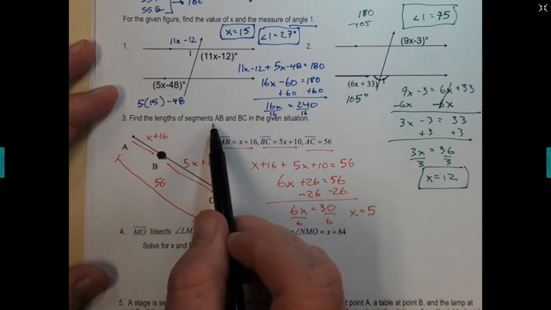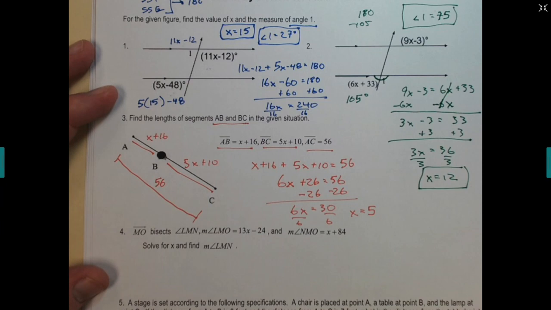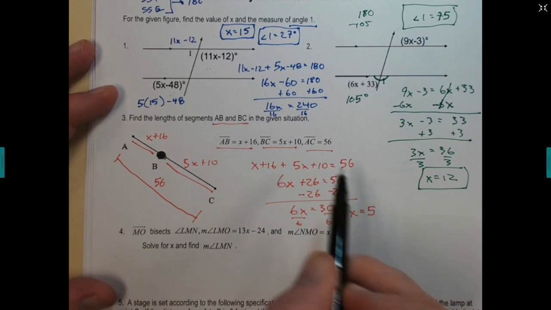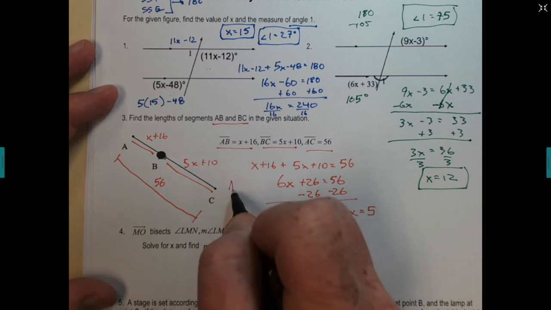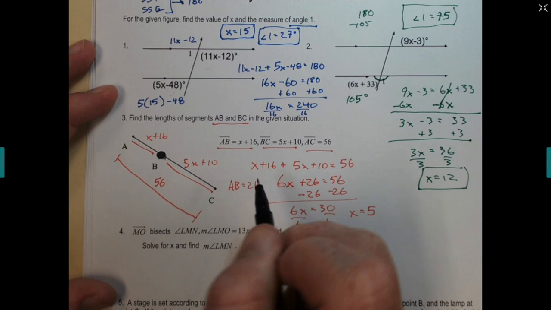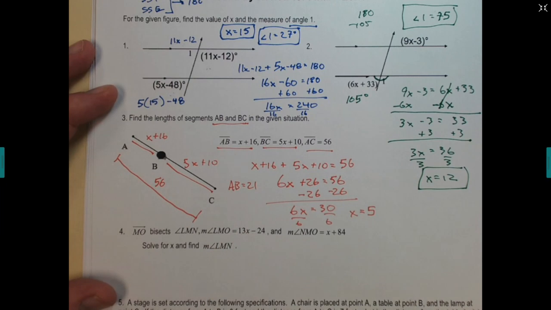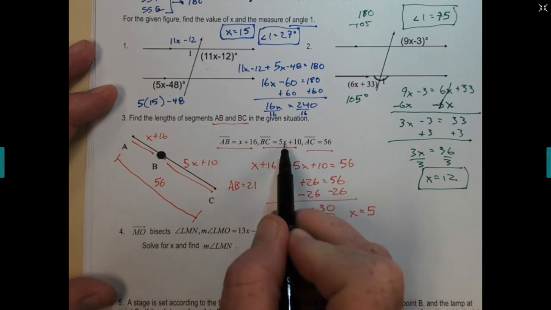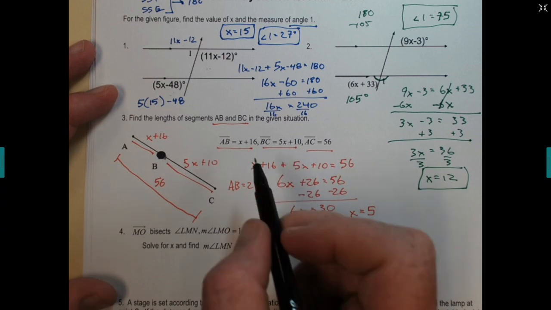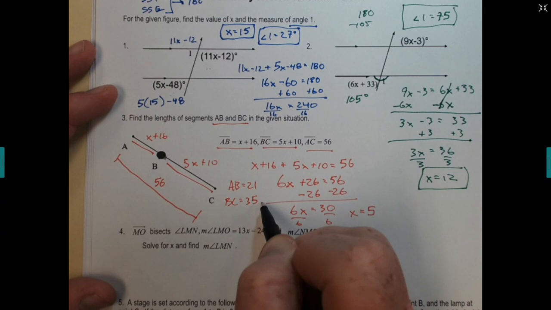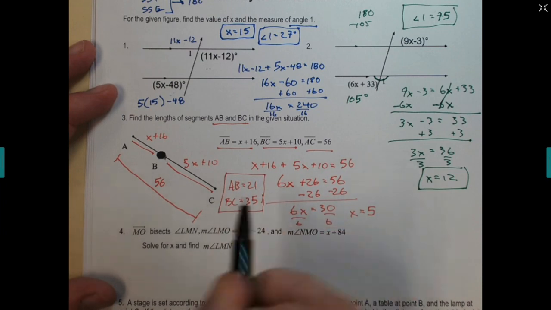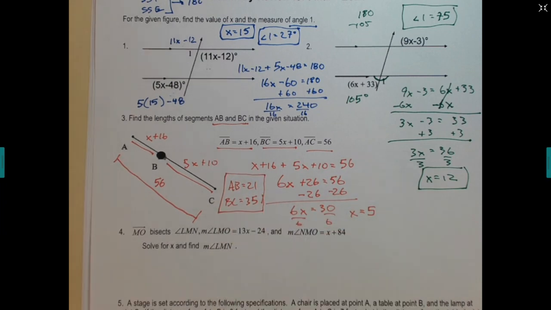Find the lengths of AB and BC. It means we have to take that value of x and plug it back in. If x is 5, 5 plus 16 is 21. AB has to equal 21. If I plug 5 in here, 5 times 5 is 25 plus 10, that leaves me with BC being 35. We're flying.